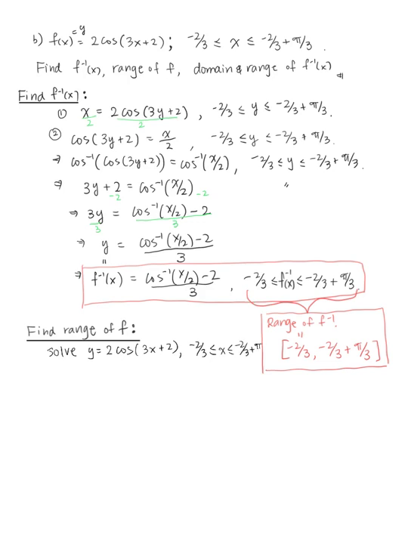Uh-oh, I'm running out of room. We need to solve that for cosine of 3x plus 2. You'll see why in a minute. We can easily solve for cosine of 3x plus 2. This is y over 2. Let me just box this. This is not our final answer, of course.